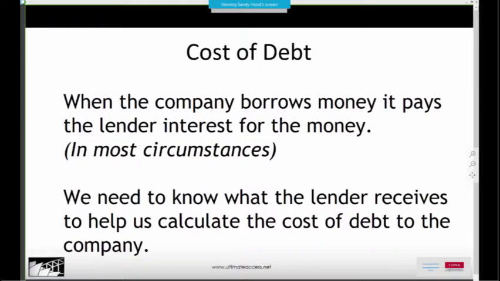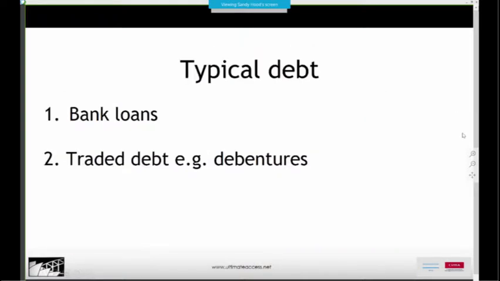So I'm going to take you through this in the way that I would want you to do it. We initially start with the investor's point of view. We can do something slightly different after that. But the types of debt that we would be looking at could be bank loans, and they could be traded debt. And certainly in a lot of accounting exams we look at traded debt.